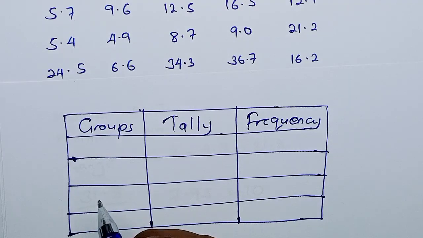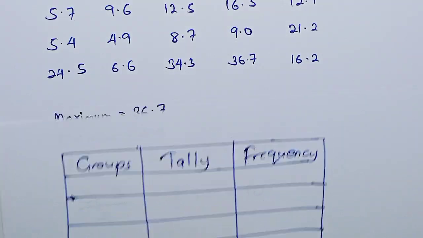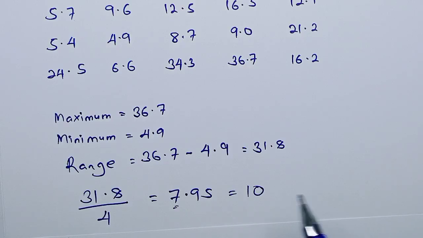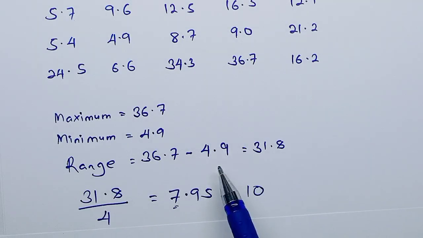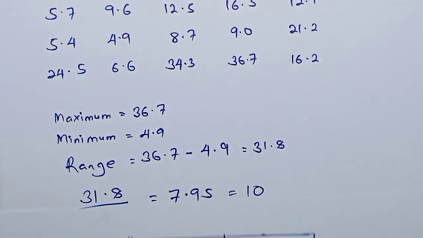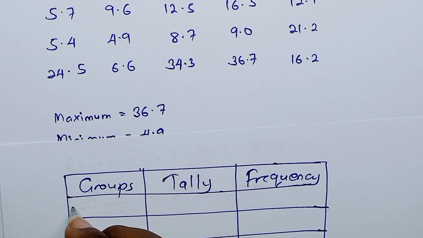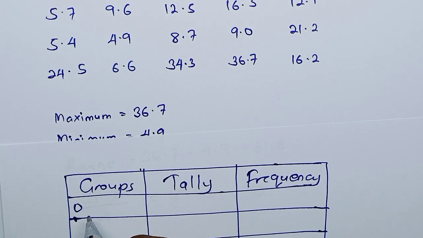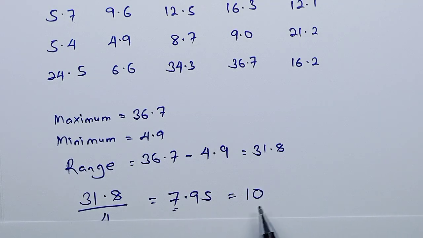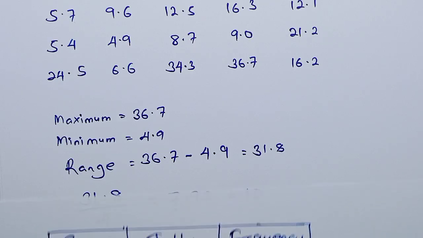We said the smallest value is 4.9, so our starting value should be less than 4.9. Let our starting value be 0. So we can say x is greater than 0, but remember our group has to have 10 values because our group width is 10.